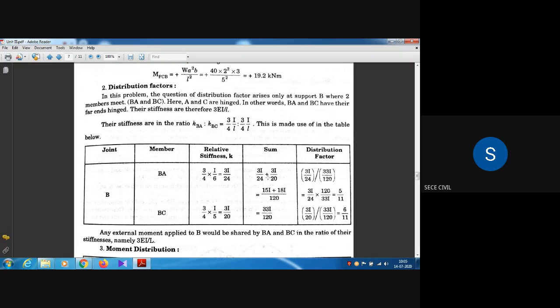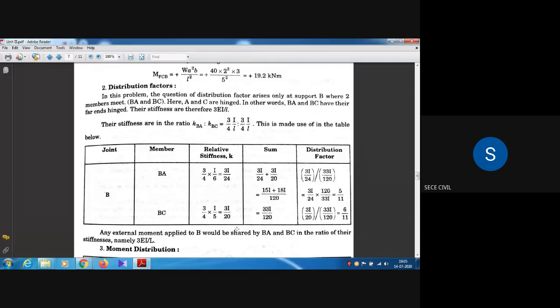So 3I by 24 plus 3I by 20. For 24 and 20, the LCM is 120. After simplifying, we get the final stiffness for joint B as 33I divided by 120.